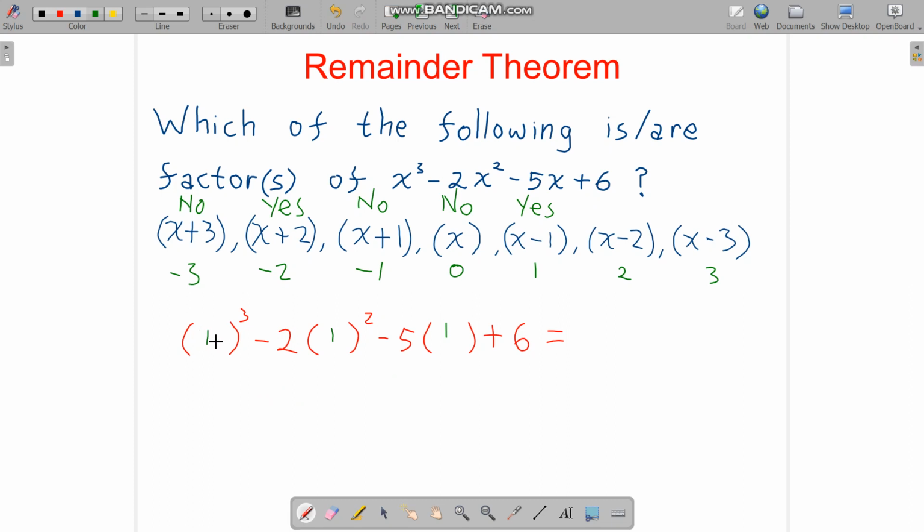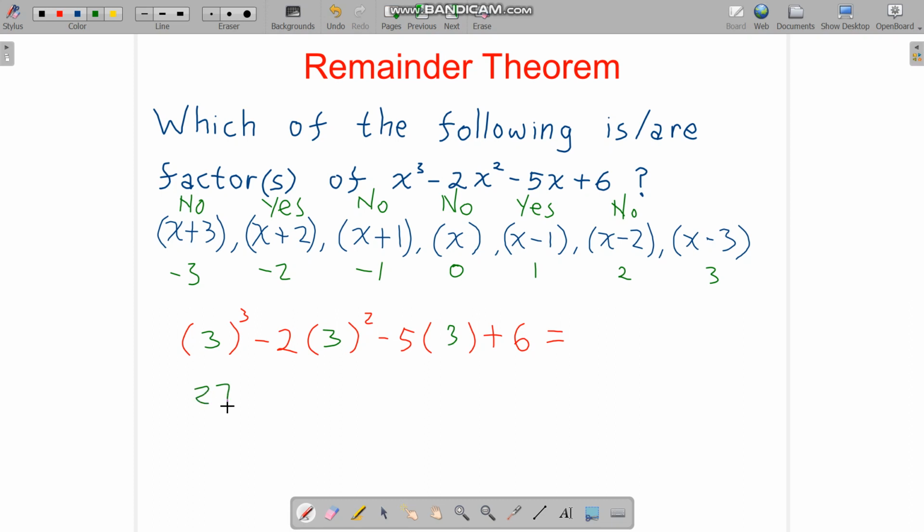And if we plug in 2 this time, if we replace the x with 2, we get 8 minus 8 minus 10 plus 6. So it's not a factor. No for 2. Now 3.